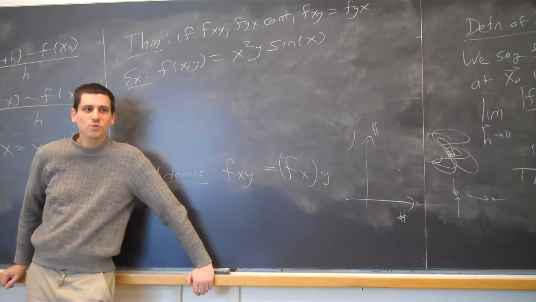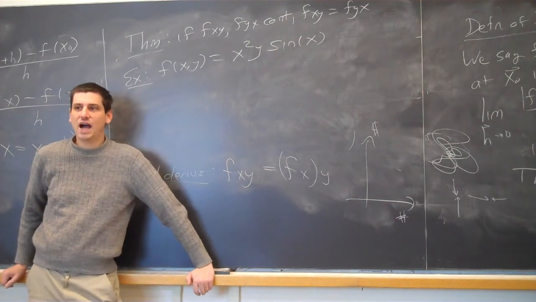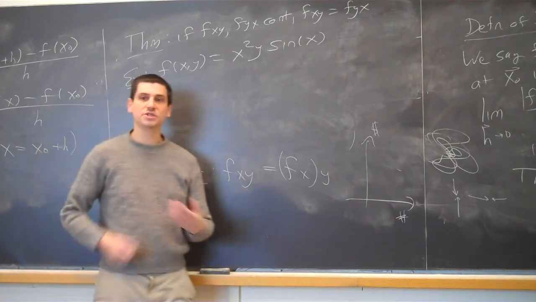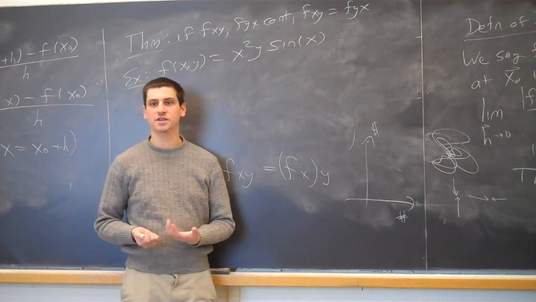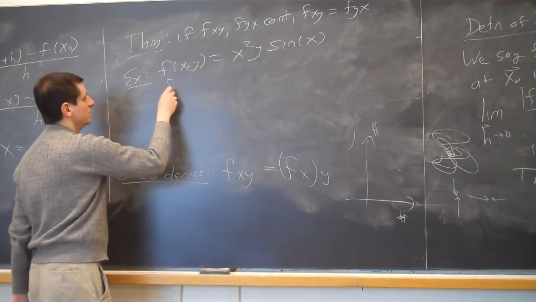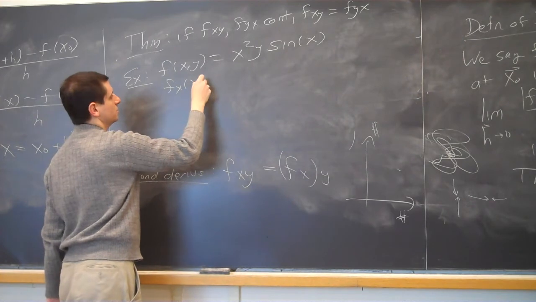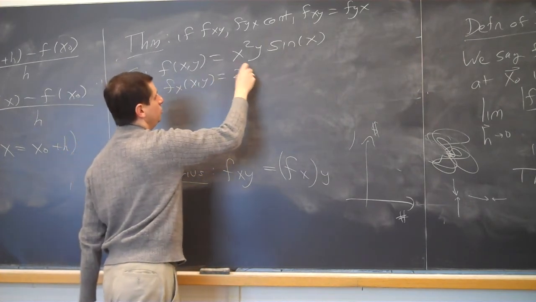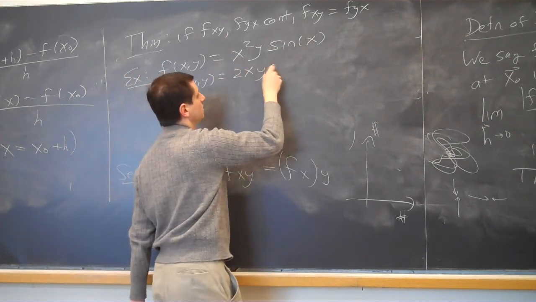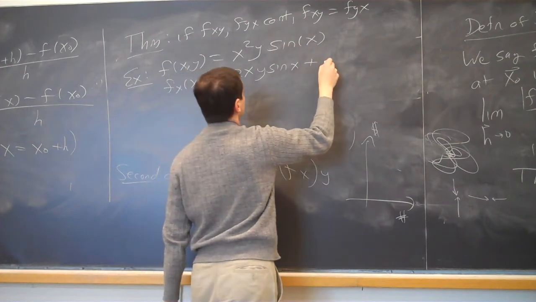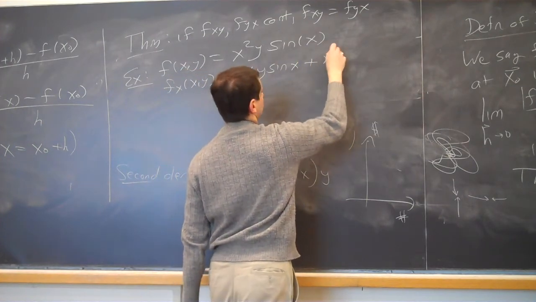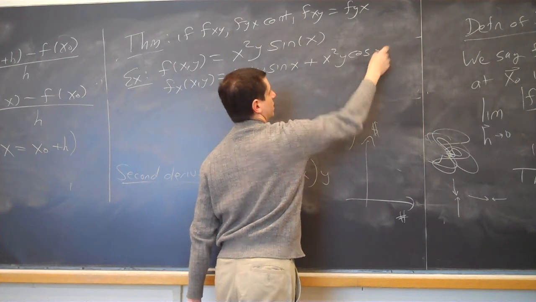There is one way in which it might matter, in terms of the algebra. Maybe the algebra is a little bit easier one way rather than the other. If I do the derivative with respect to x first, I will get 2xy sine of x plus x squared y cosine of x.